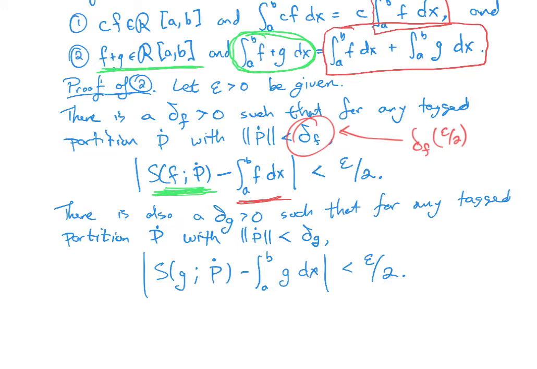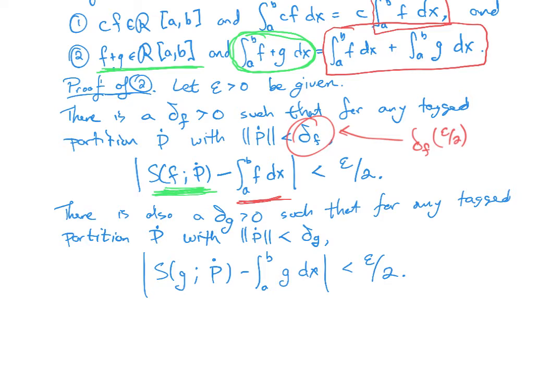We never wrote a delta of epsilon there. So it's up to you. Okay, so delta sub F tells us how fine we need the partitions to be to get close to the integral of F, and delta sub G tells us how fine we need the partitions to be to get close to the integral of G.